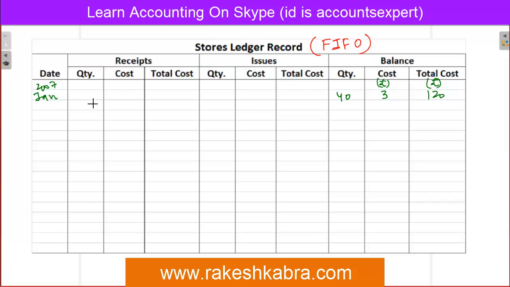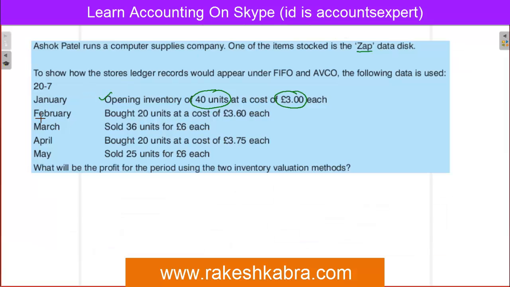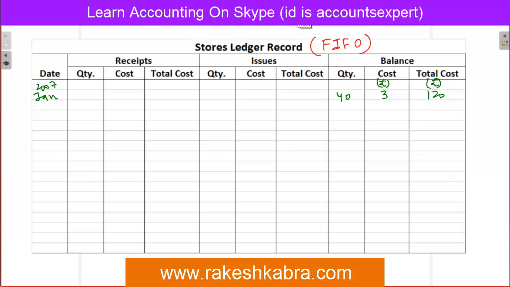Got it? Now see, after this, in the month of February we brought 20 units of JAP, and what is the cost of each unit? £3.6 each. So we brought, or you can say purchased, 20 units in the month of February.